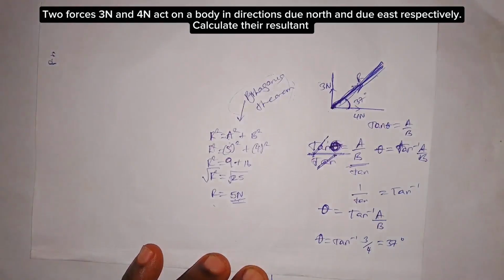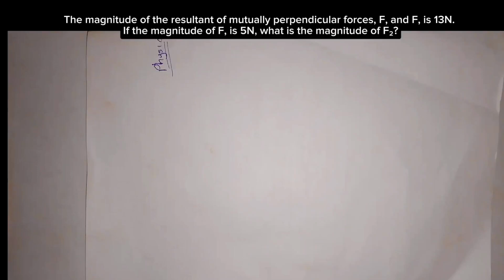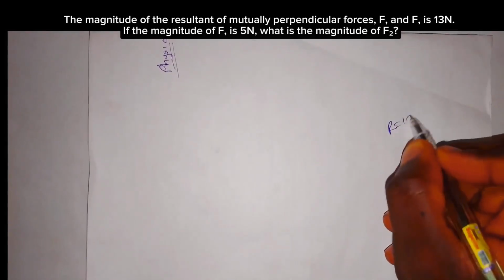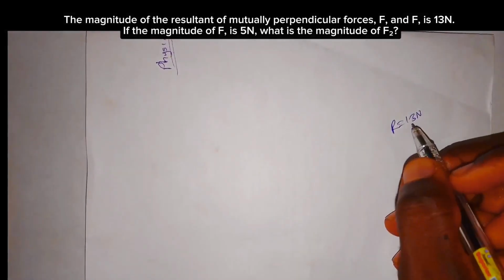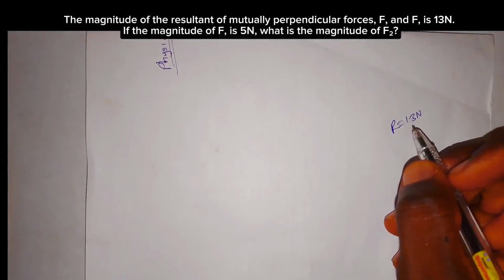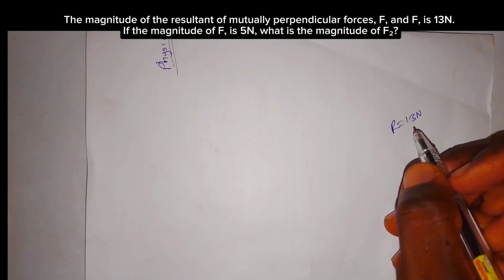Okay, so we move to the third question. The magnitude of the resultant of mutually perpendicular forces F1 and F2 is 13.